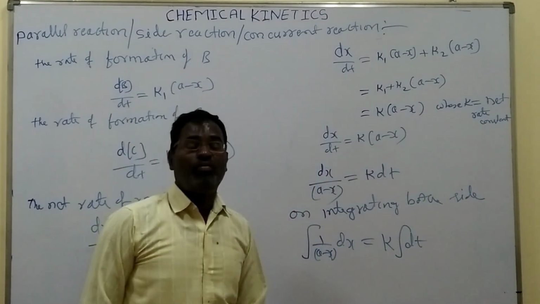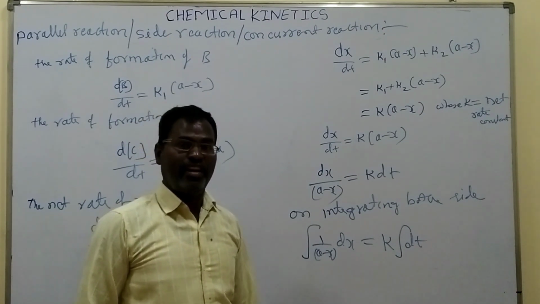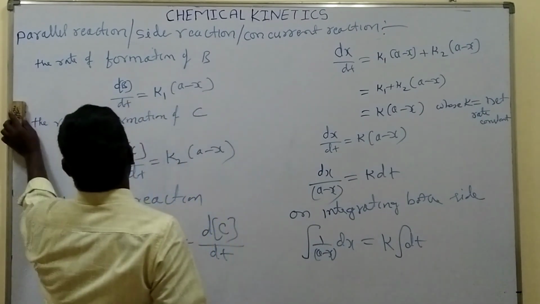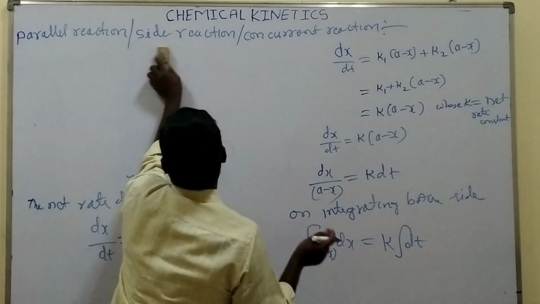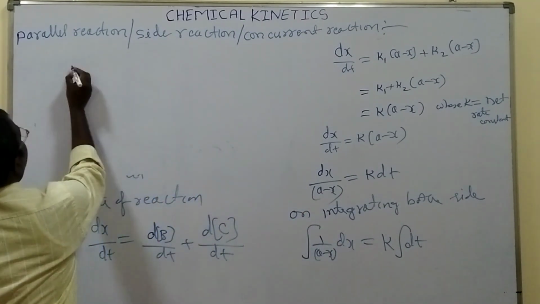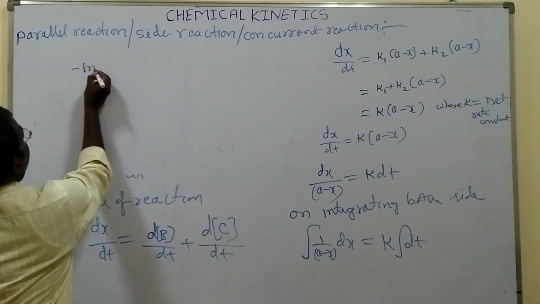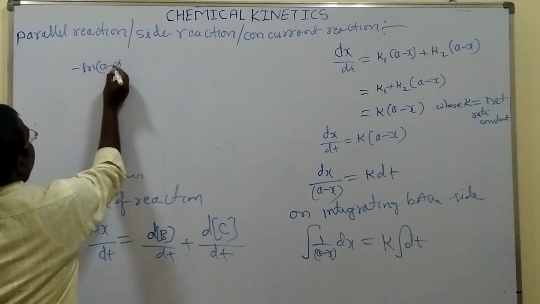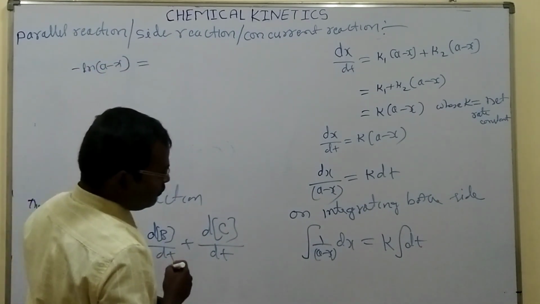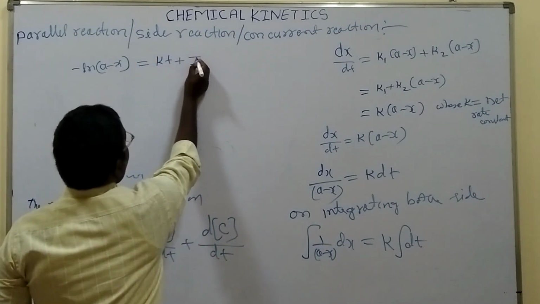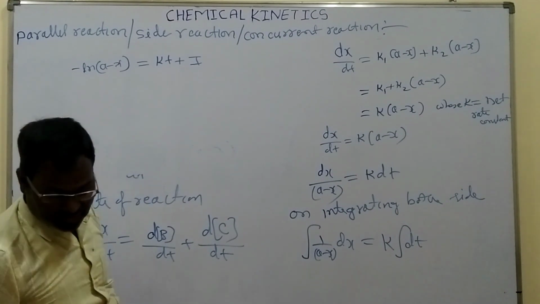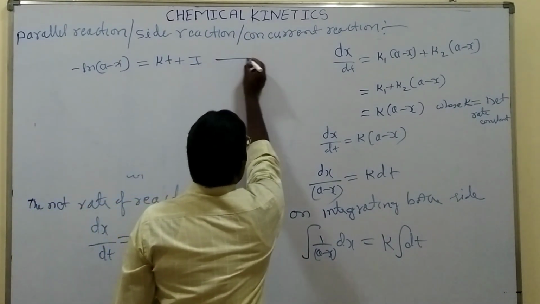So integration of 1 by x dx is equal to minus ln x. If you want to simplify this equation, it becomes minus ln a minus x is equal to kt plus I, where I is the integral constant. You assume this is equation 1.